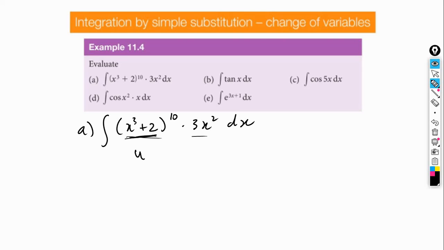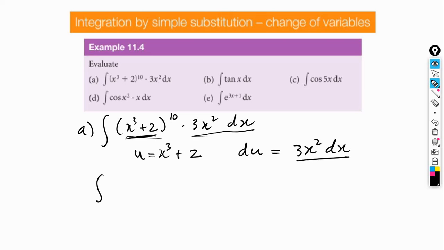So if u is x cubed plus 2, then the derivative of u, because we're doing it in terms of u, would have to be 3x squared times the derivative of x, right? Notice that we have everything necessary to substitute because this expression here is the same as this one. So we can rewrite this integral as the integration of u to the power of 10 du.